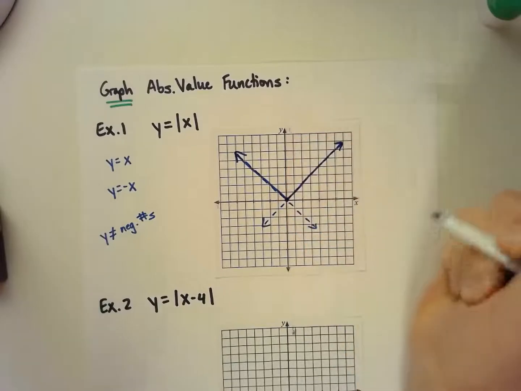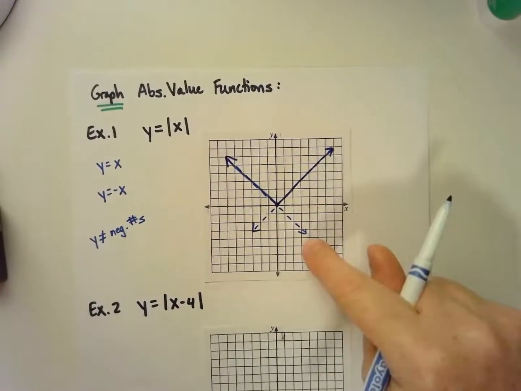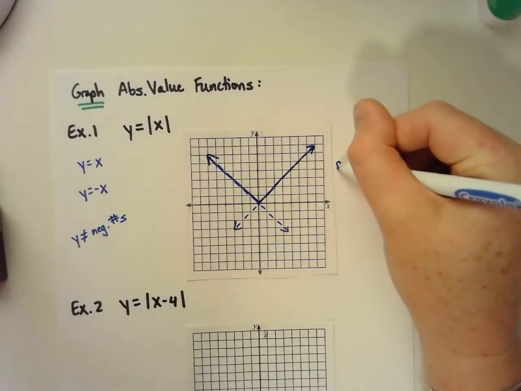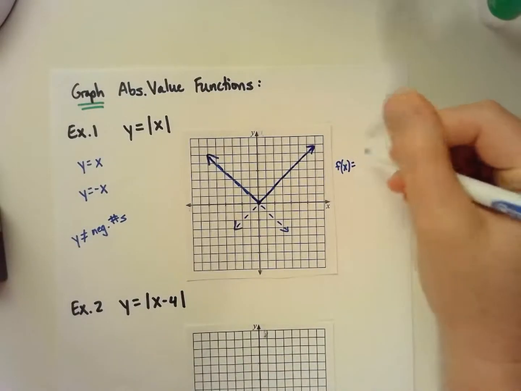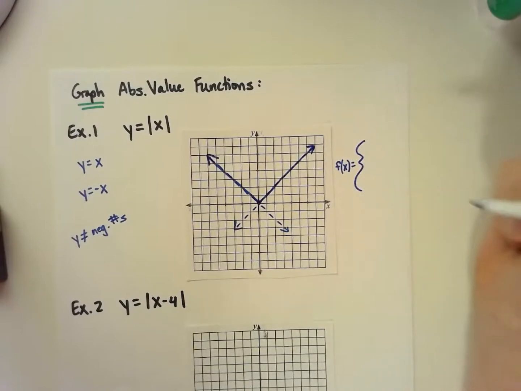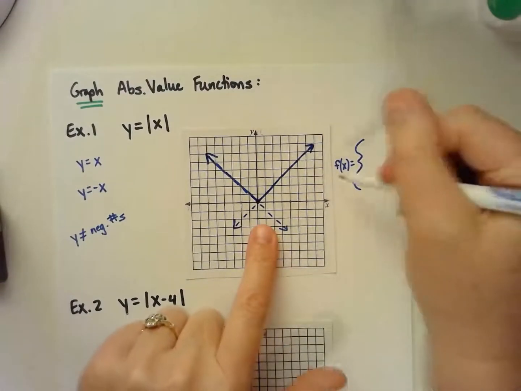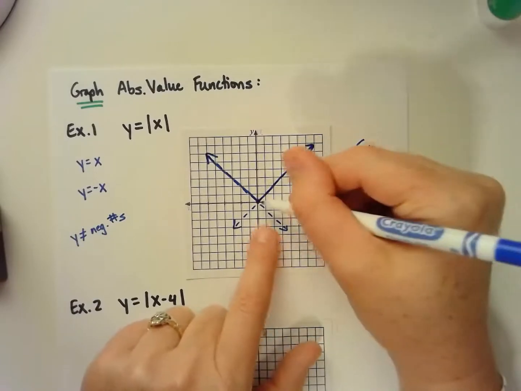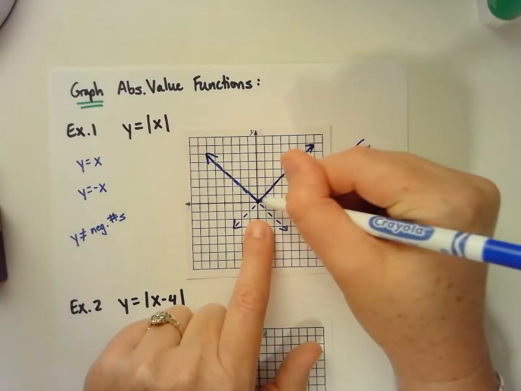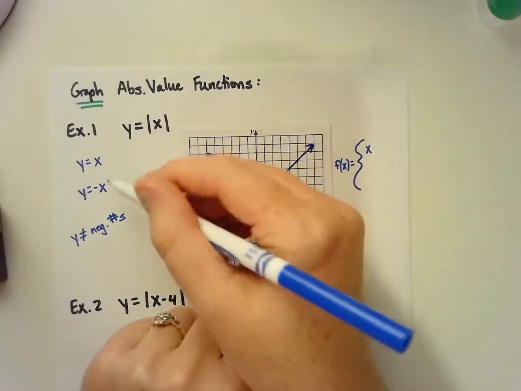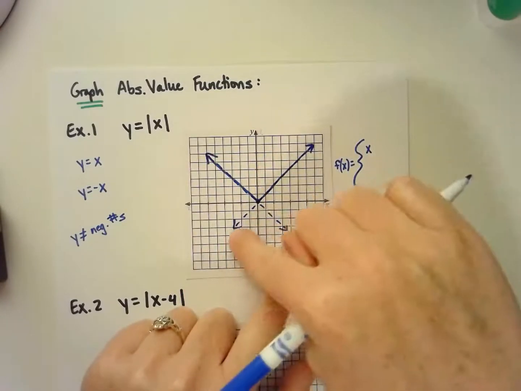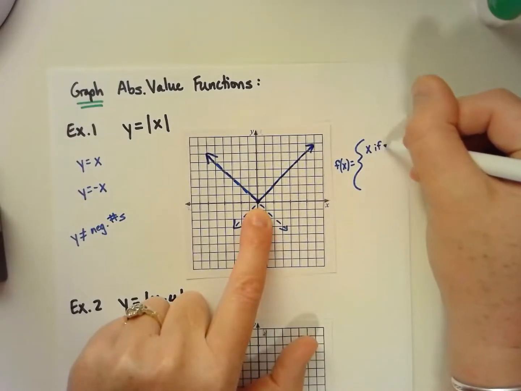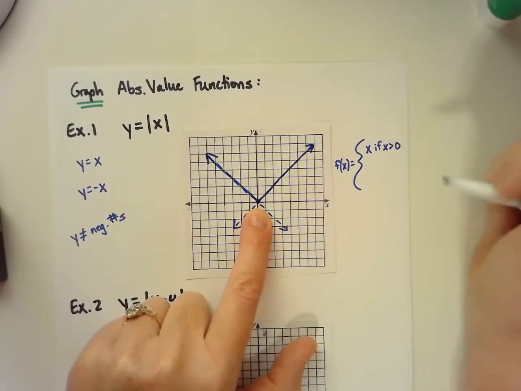Now let's take a look at this with piecewise graph. So this turns out to be a piecewise function in its basic form. So if we say f of x equals, and set this up like a piecewise function, we would say y equals x for values of x that are, so notice this is that positive line, this is that first one we looked at. It's for all the values that are greater than 0. So we're going to say if x is greater than 0.